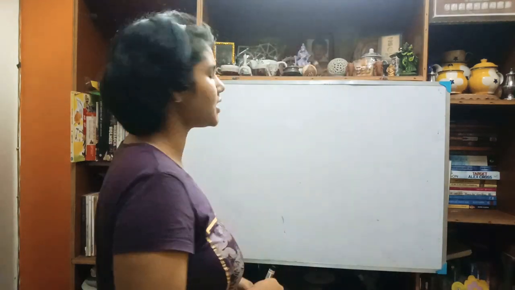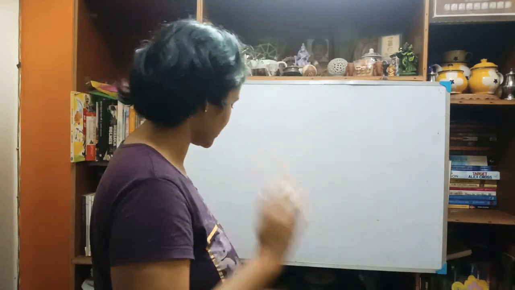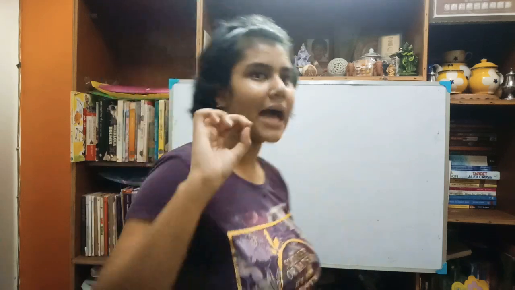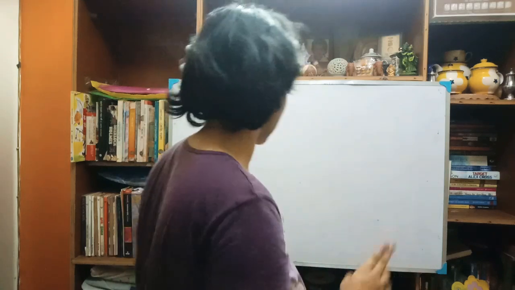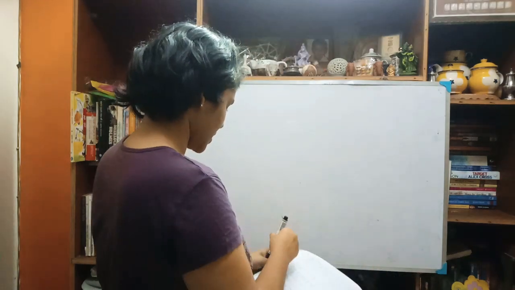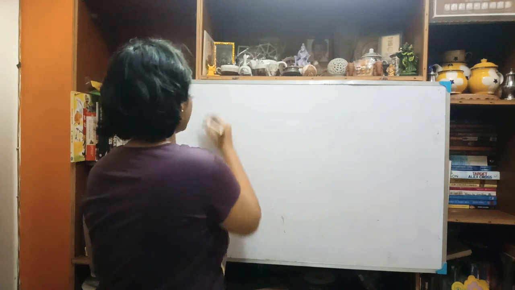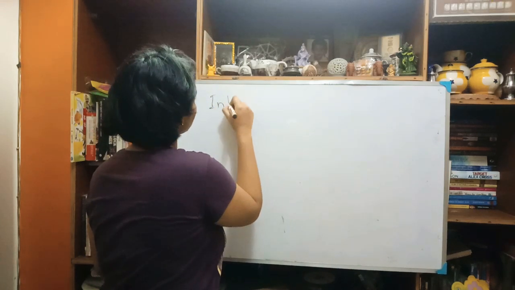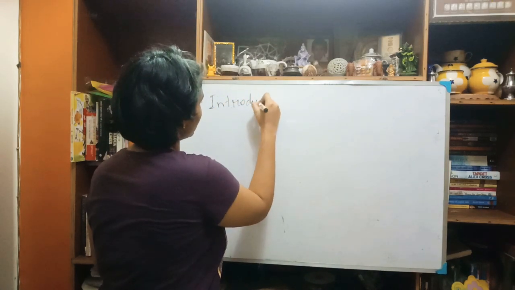Now we come to factors affecting demand for a particular commodity. Listen, the ICSE board asks for this as a long answer question. So I will be directly teaching you how to write your answer. We have an introduction.